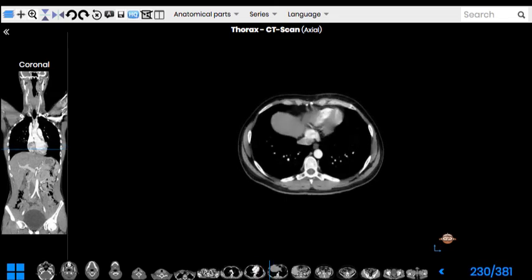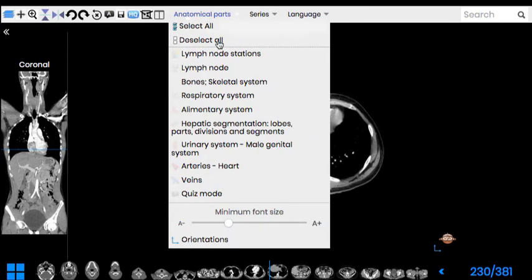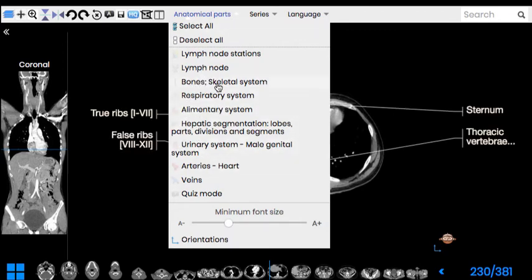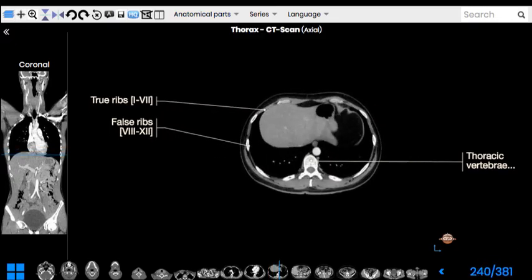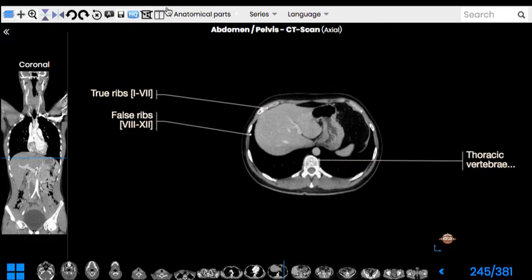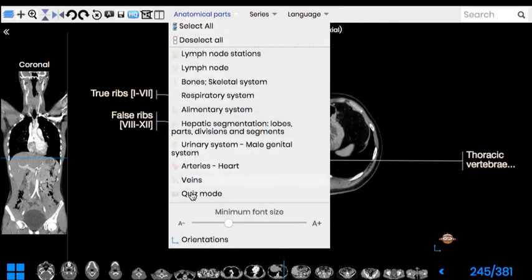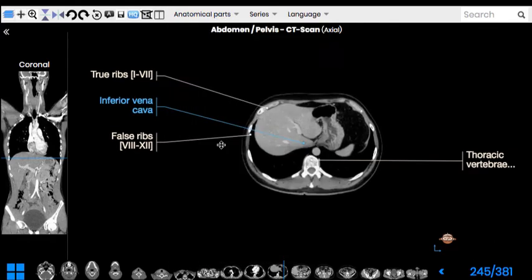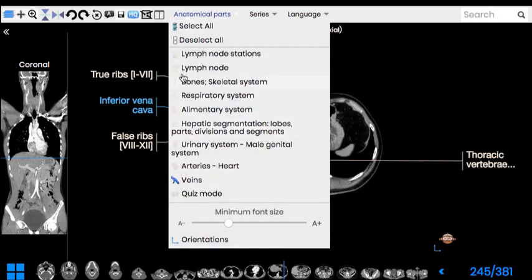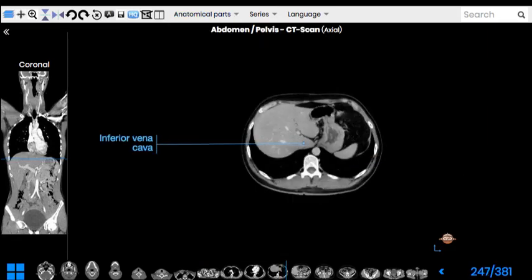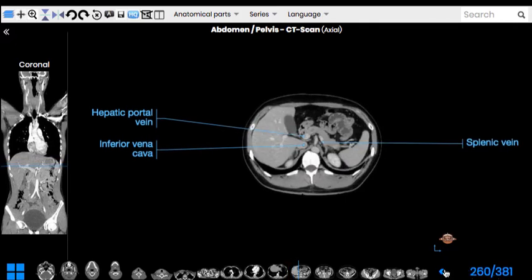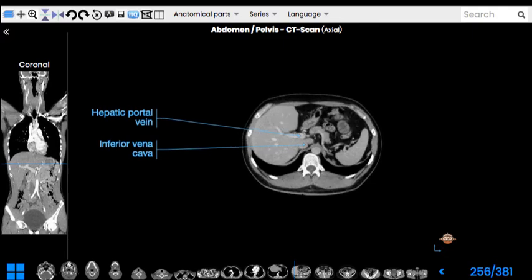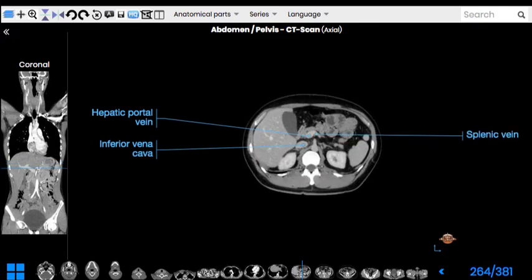By the way, as you use this program in our lab, you easily can select any structures you are interested in, for example the bones, and scroll down, checking where one or another bone goes. You can just highlight the veins for instance, and remove the bones to make the picture clear. And again you can go down and upward and check how one or another vessel appears on the image, how it looks like.